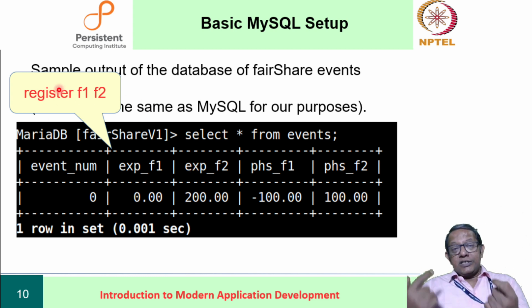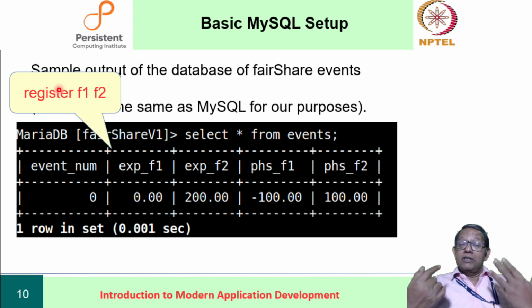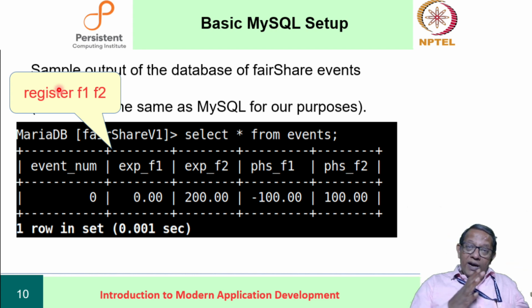In response to the register command, our Java program via the JDBC system should create an empty table which has the event number, expenses for each friend, and per head share of each friend.